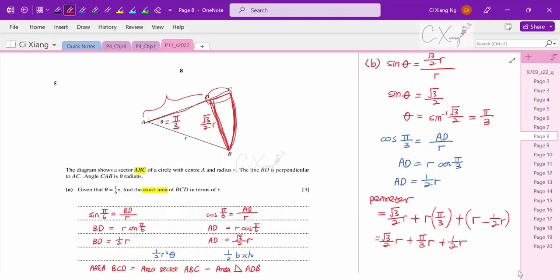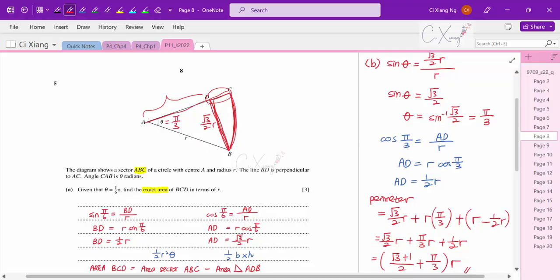You can keep your answer like this, or you can combine them together by factorizing out the R. So this is basically how we get the exact perimeter for BCD.